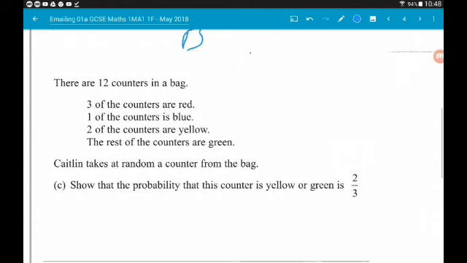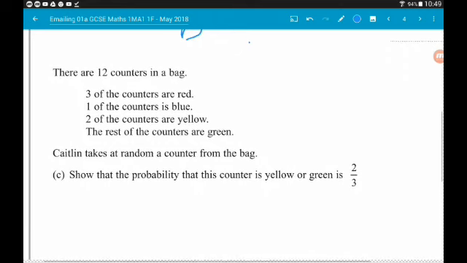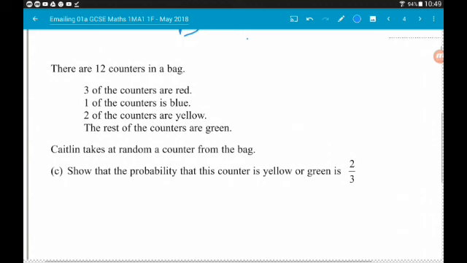Okay, then we're told there are 12 counters in a bag. 3 of them are red, 1 of them is blue, 2 of them are yellow, and the rest of them are green. K then takes a random counter from the bag. We want to show the probability that the counter is yellow or green is 2/3. So we need to know how many counters are green.